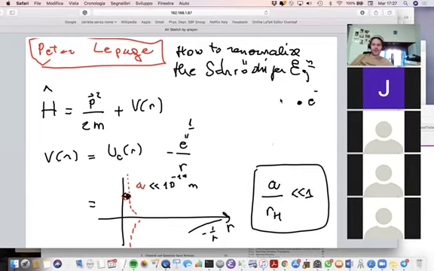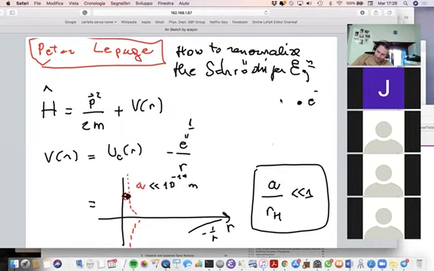So that's the only request we have. The hardcore of our interaction is characterized by a typical length. And this length is much smaller than the typical size of the systems we are interested in studying, in this case, the bound states of the electrons in this unknown potential. So what is our task?